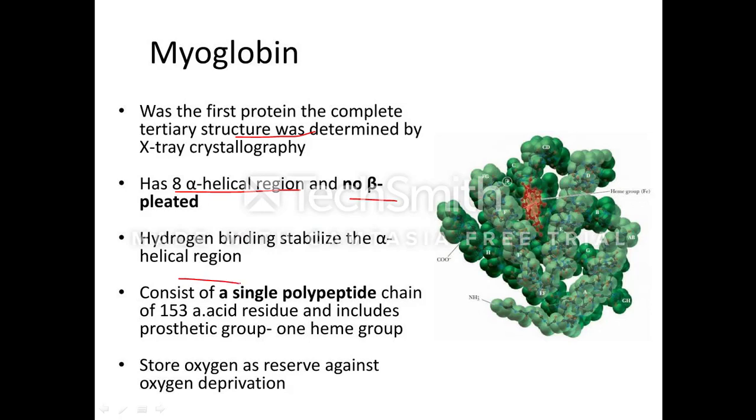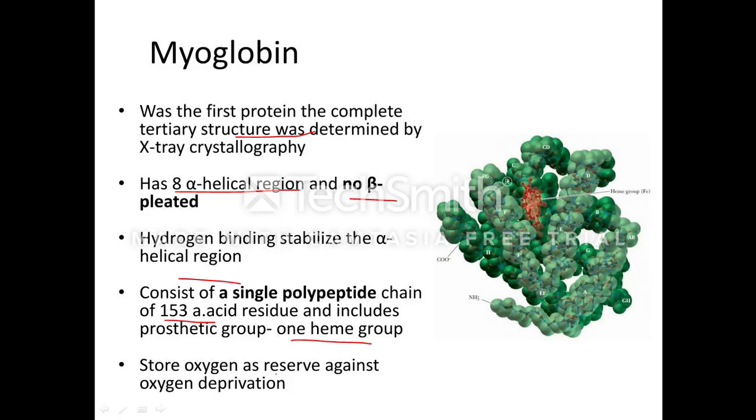It consists of a single polypeptide chain of around 153 amino acid residues and includes the prosthetic group, the heme group, that gives the red color to the muscle cell, as it is rich in muscle cells. So myoglobin stores oxygen as a reserve against oxygen deprivation.